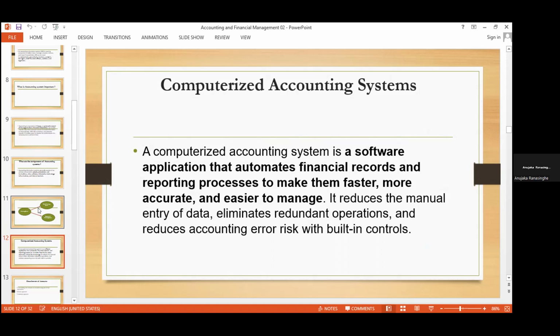More companies nowadays are using computerized accounting systems. Banks and other organizations find it easier, because they have a head office in Colombo and branches island wide. One person in the head office can manage it, and all the branches only input data, the day-to-day transactions. The head office can get the financial statements at the end of the year.